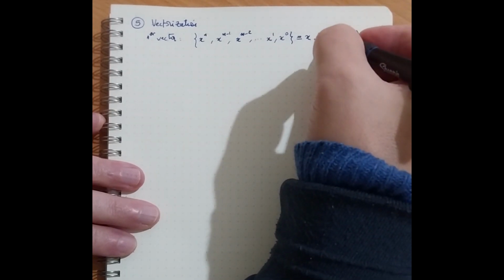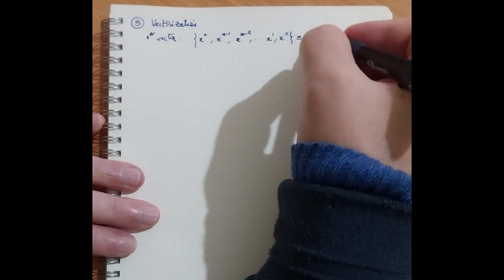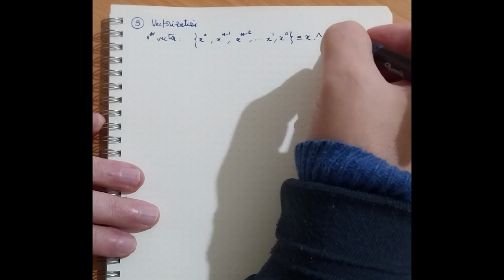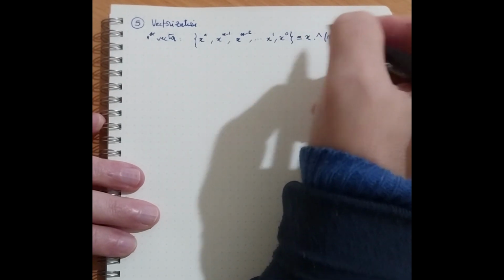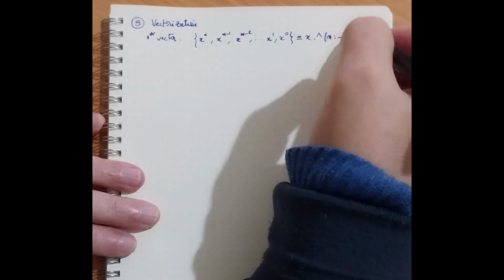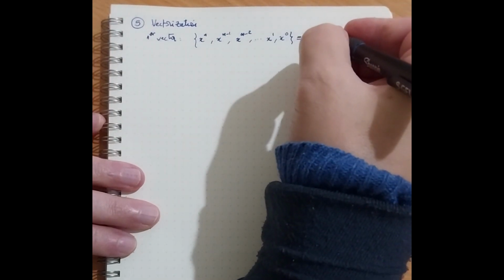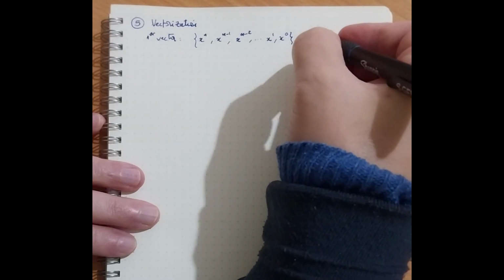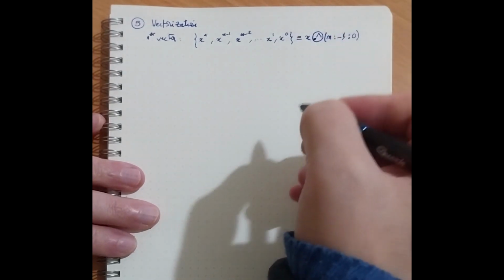So we apply the power to n, x power n, then x power n-1, and so on, till 0. Exactly that. You use the element-wise power. Point here. Careful, point.